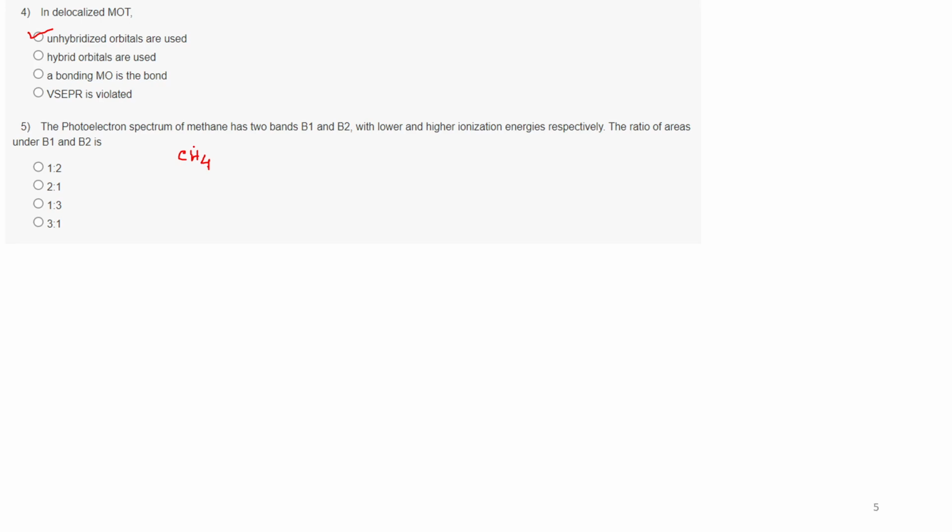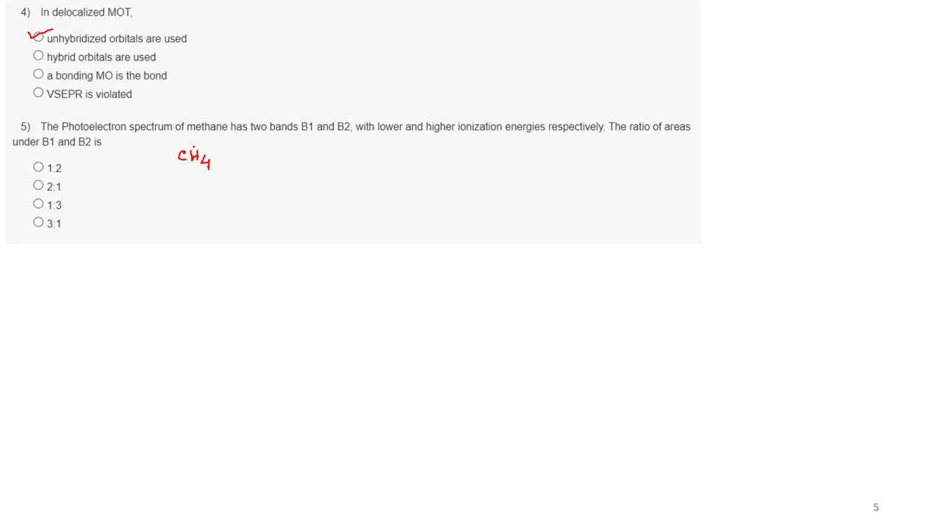Okay. So it is saying that from the photoelectron spectrum of methane, two bands are observed, B1 and B2. B1 has a lower ionization energy, and B2 has a higher ionization energy. What does that mean? It means it will require more energy to remove an electron from B2.